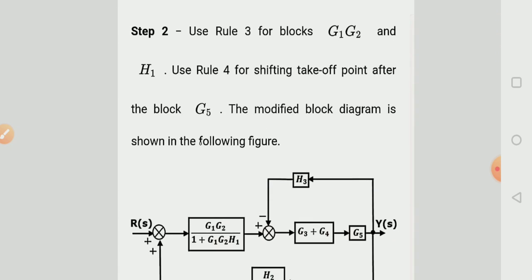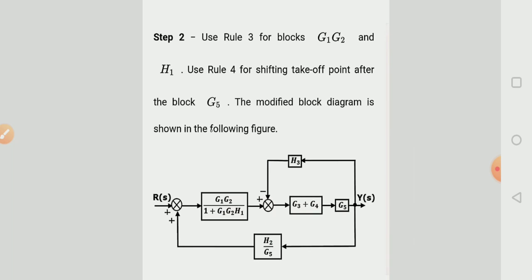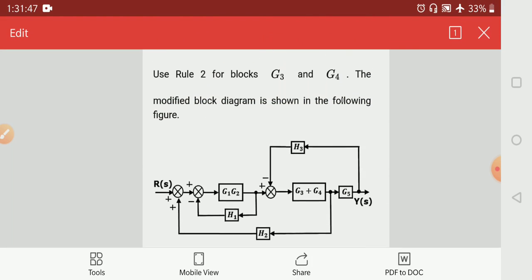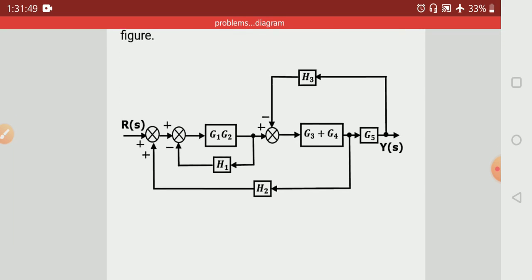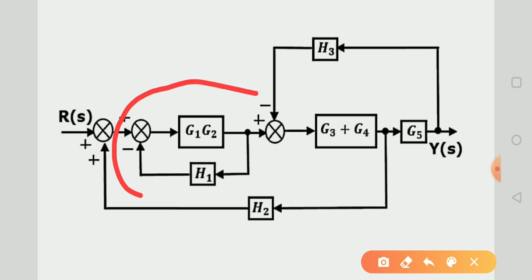In the second step, use rule 3 for the block G1 G2 and use rule 4 for shifting the takeoff point after the block G5. So we can see here this is making a loop.